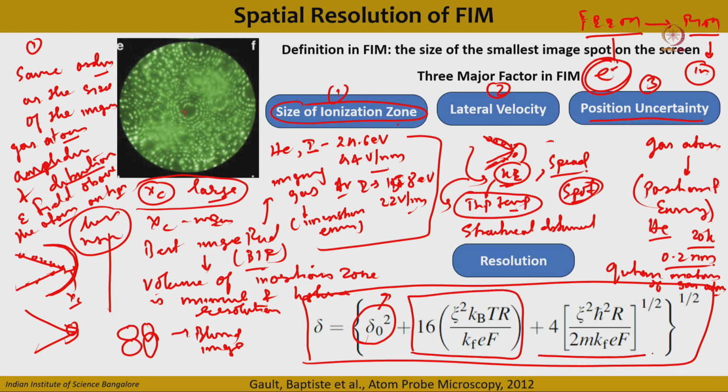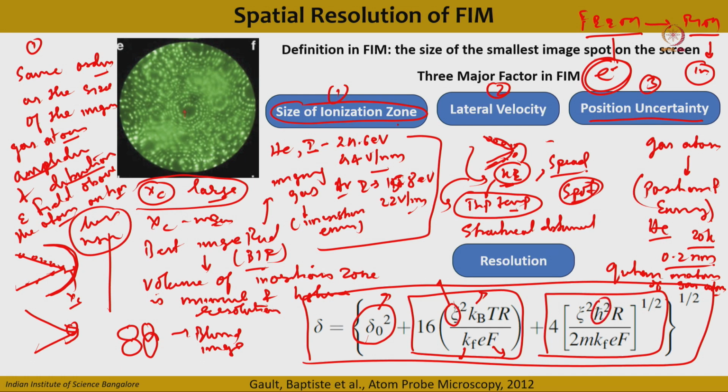The third term is related to your position uncertainty. Now here xi is the image compression factor. Fine. Your kB is the Boltzmann constant, kf is the field factor, F is the field. Fine. Then here h is Planck's constant.